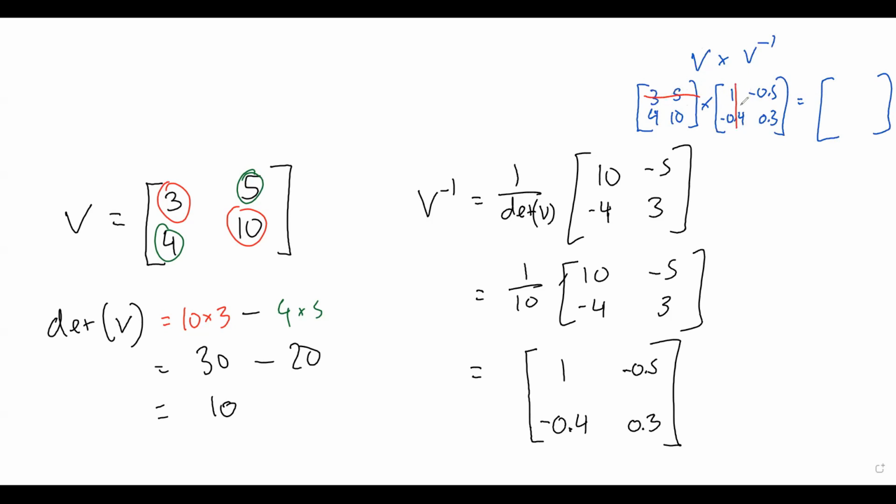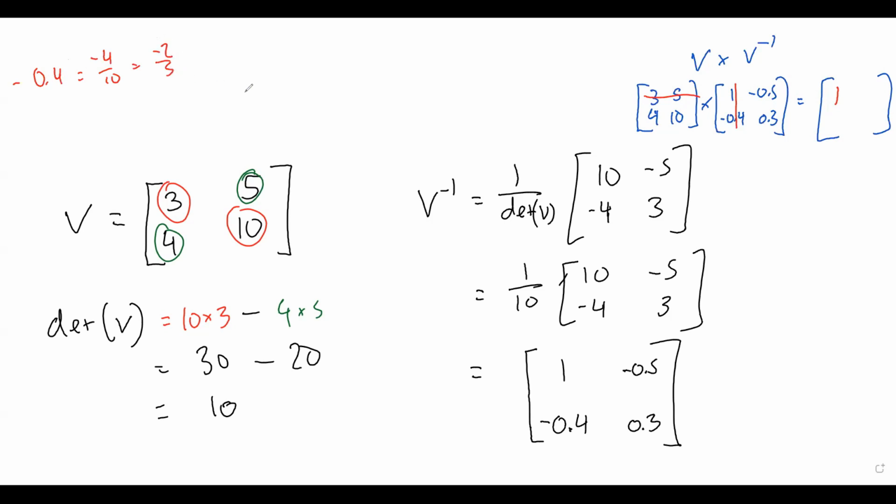3 times 1 is going to give us 3, and 5 times -0.4 is going to give us -2. So therefore 3 take away 2 is going to give us 1 in that corner. If you don't believe me, 0.4 is the same as saying 4 over 10, which is the same as saying 2 over 5.